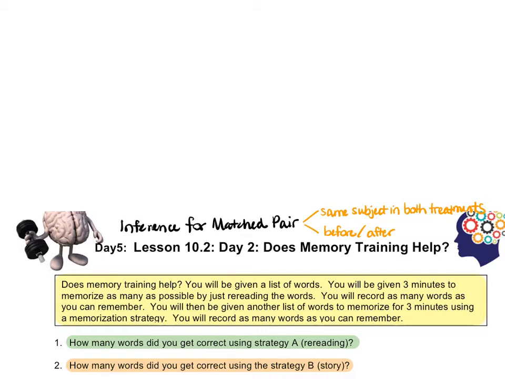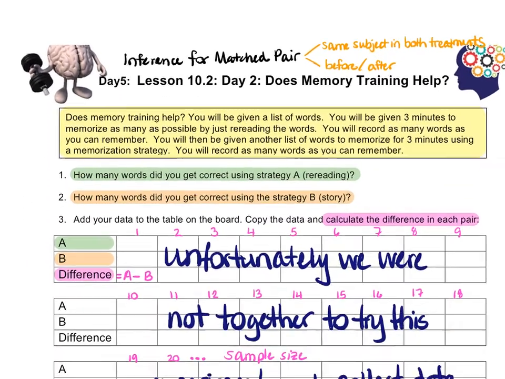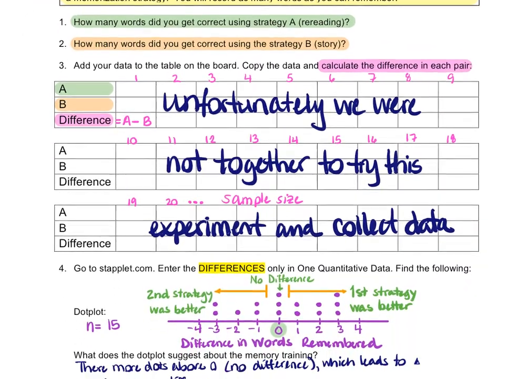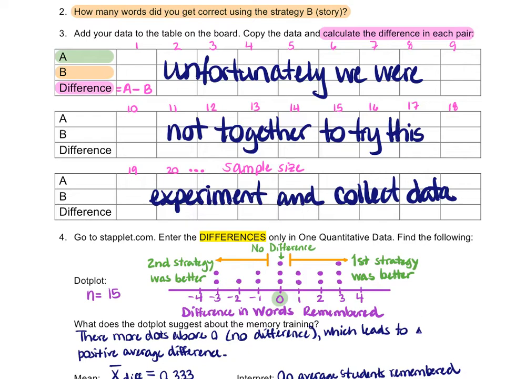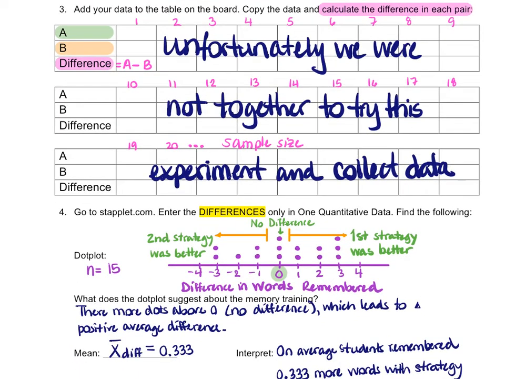And then after each of the treatments, you would need to write down all of the words that you can remember from the list. So we would go through this process, and then we would record how many words you got correct using strategy A, how many words you got correct using strategy B, and then we would calculate the difference for each individual who received treatment A and treatment B. And we're doing treatment A minus treatment B. So once we get all of those differences, we subtract the data for treatment A and treatment B for each person.